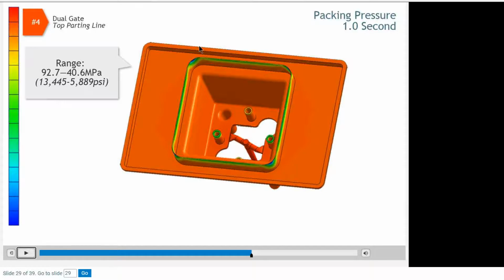The material gets to this thinner section pretty late in the fill cycle. Therefore, the pressures inside the mold are already a little higher. And because these thin sections get filled at a later stage in the fill cycle, there's very little freeze-off. That's why there's a little higher pressure going into the packing phase.